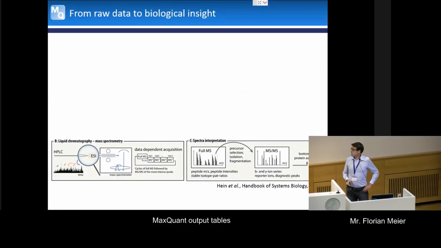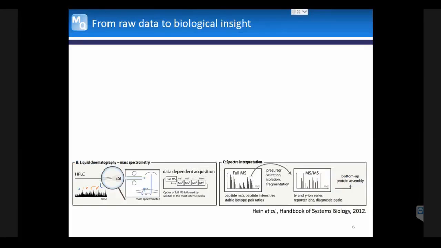To get started, we'll go one step back and have a look at what our LCMS experiment looks like. As you learned throughout the first three days, a typical proteomics LCMS experiment starts with the LC. Then we electrospray our peptides into the mass spectrometer, where we acquire the data.